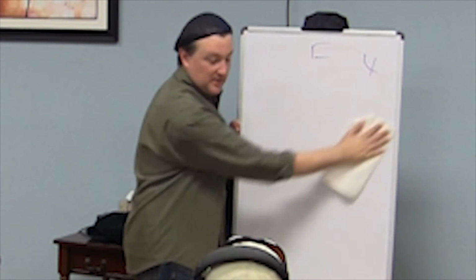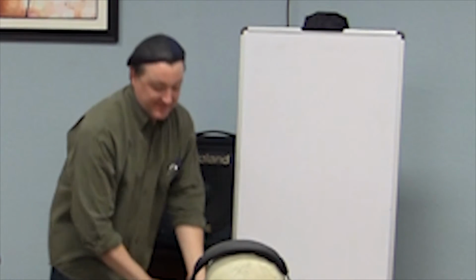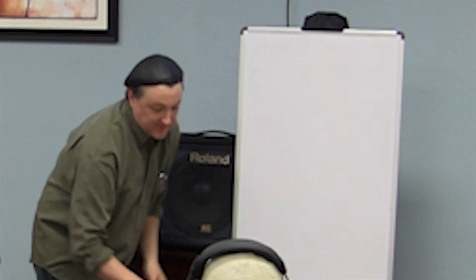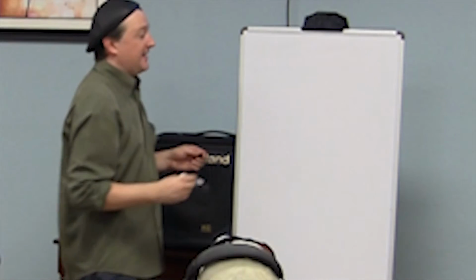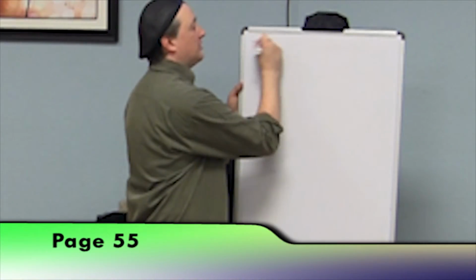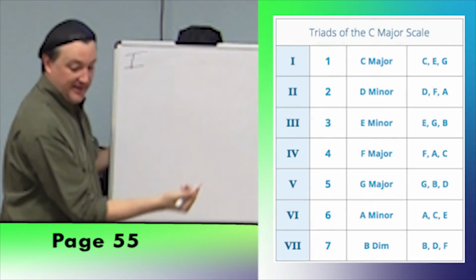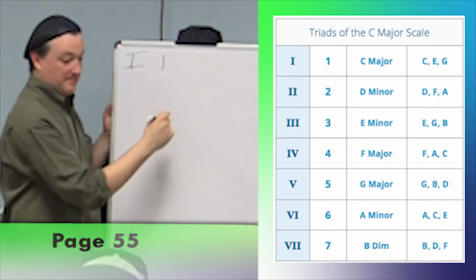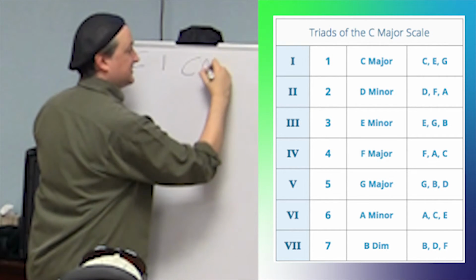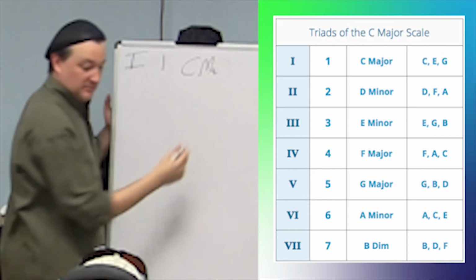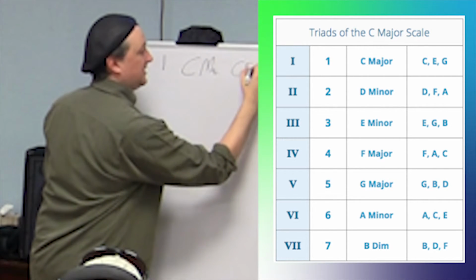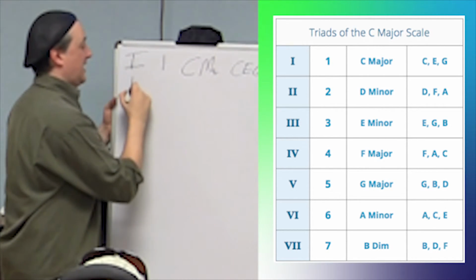Okay. Now, we can then summarize this whole concept on page 72 with my handy dandy little chart. The 1 chord of the C major scale is the C major triad. Its notes composed of C, E, and G, and so on.